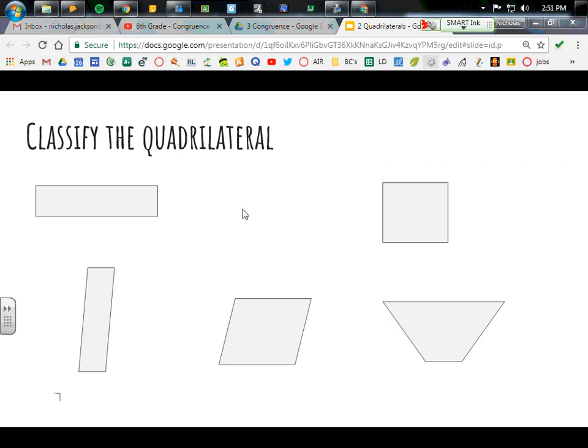All right, I'm going to clear this ink, and we are going to identify a couple quadrilaterals. And I'm just going to abbreviate. This quadrilateral, all right, has a pair of parallel sides and another pair of parallel sides.